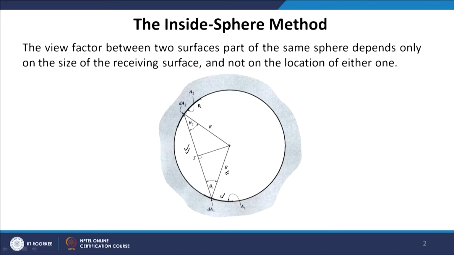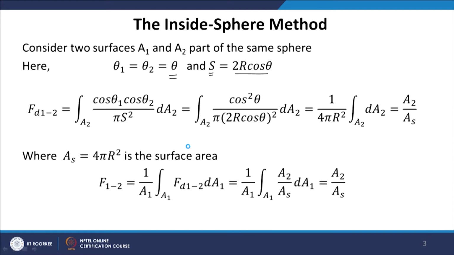From this triangle we can apply the trigonometric theorem and calculate the distance between the elements. So, S is the distance between dA1 and dA2, the small elements on A1 and A2.